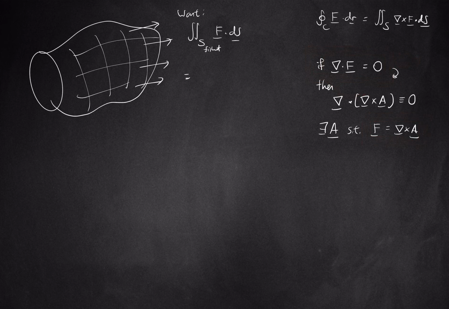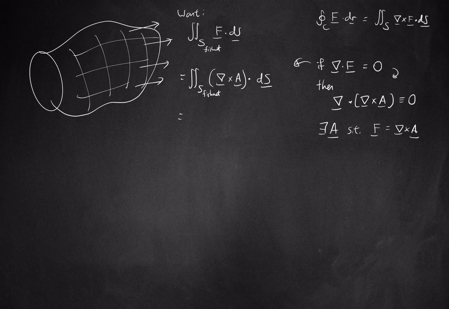Okay, so if that is true, then I can write this as the curl of A, which in physics is called the vector potential of the vector field. All right. So if this is true, I can write that.